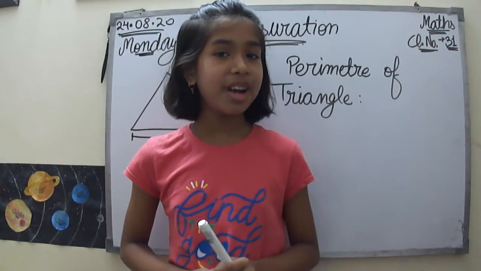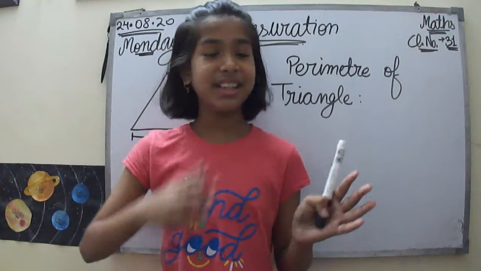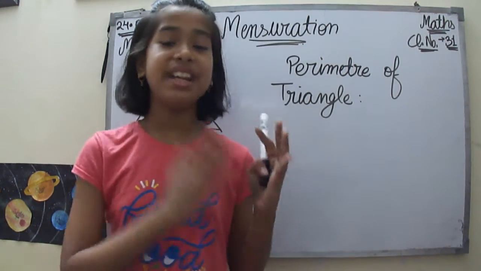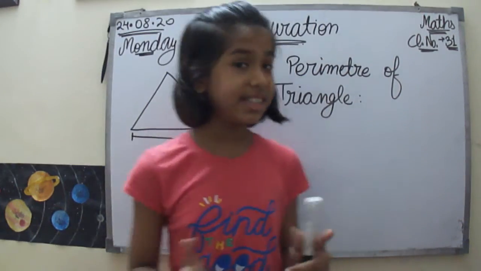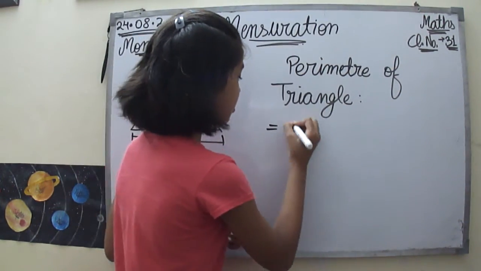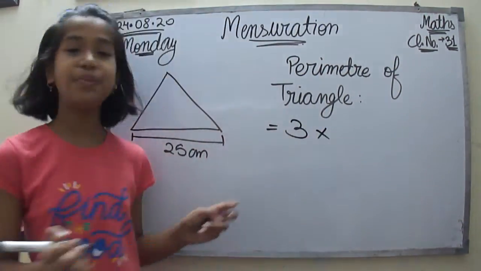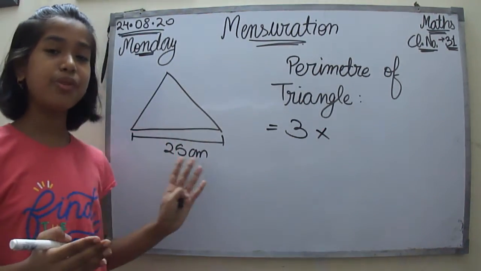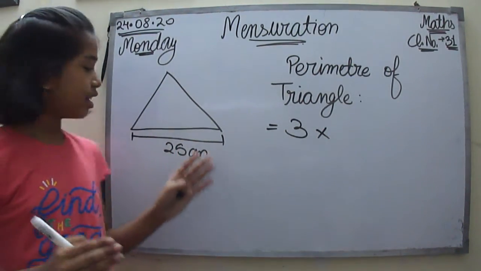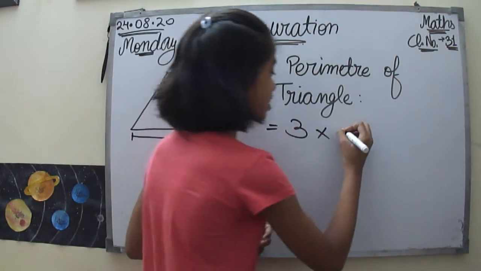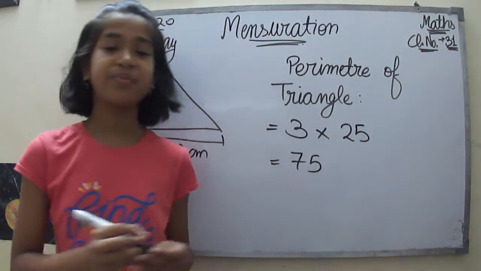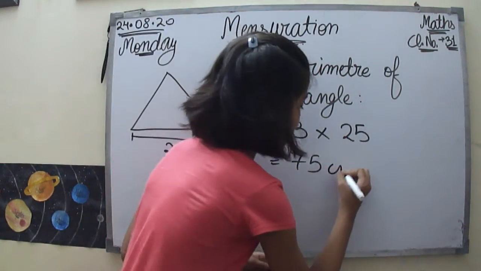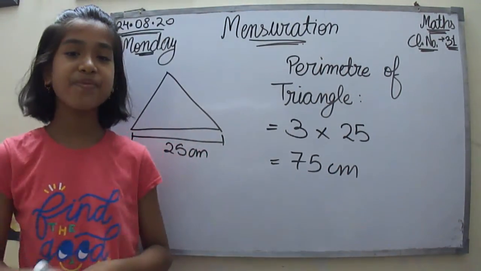And what is the formula of the regular polygon? n into l, in which n represents the number of sides. So here how many sides are there? 3 sides. So 3 into the length of each side. Here it is given 25. So that is equal to 75 centimeter.